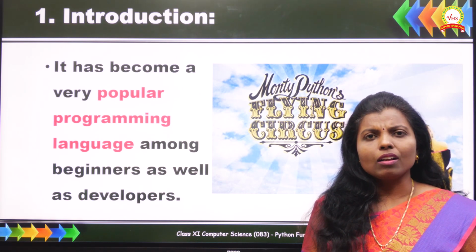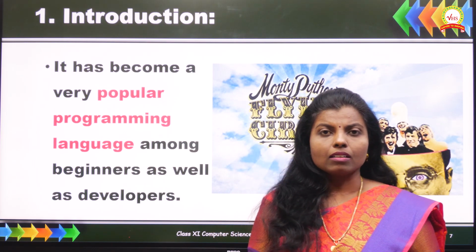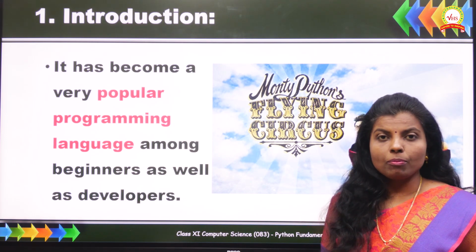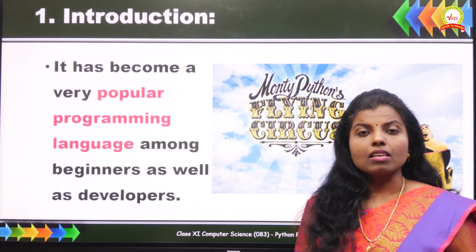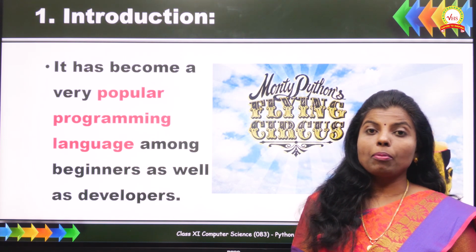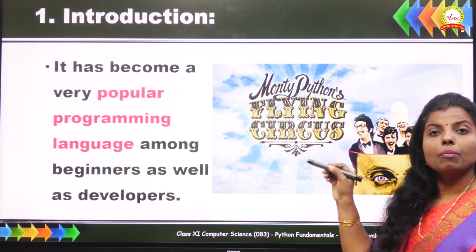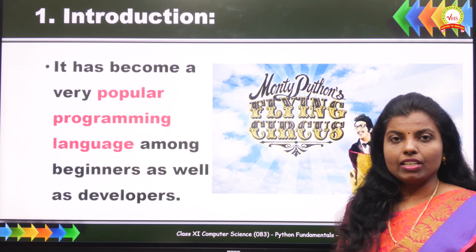Now you must wonder, why did Guido van Rossum name his programming language Python? Because it is the name of a reptile, right? So I'll tell you the story behind this. When Rossum started implementing Python programming, he was also reading the published scripts of Monty Python's Flying Circus, the BBC comedy series from the early 1970s.